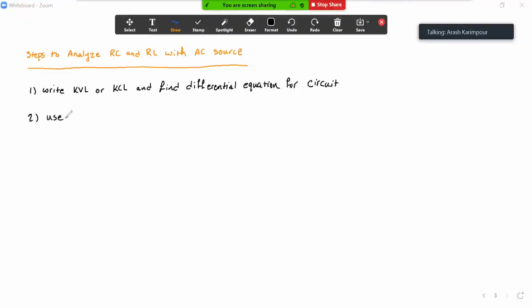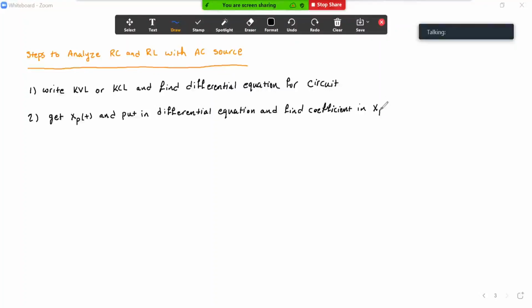So get the particular solution XP(t) and substitute it in the differential equation, and find any unknown coefficient in the XP equation.